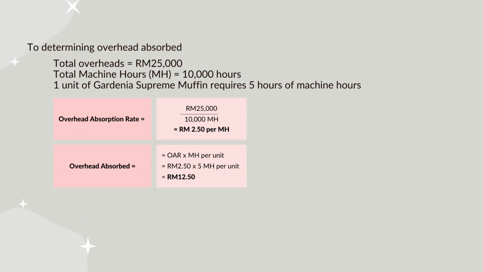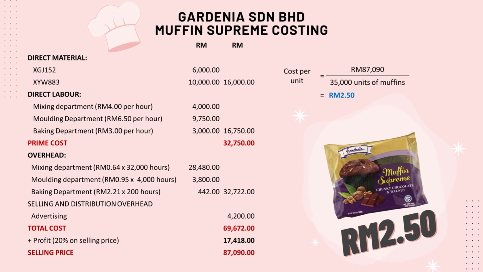To determine overhead absorbed, total overheads is RM 25,000, total machine hours, MH, equals 10,000 hours, and 1 unit of Gardenia Supreme Muffin requires 5 hours of machine hours. Therefore overhead absorbed is RM 12.50 per unit.